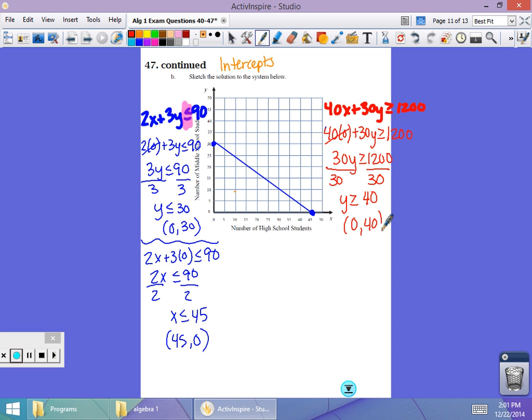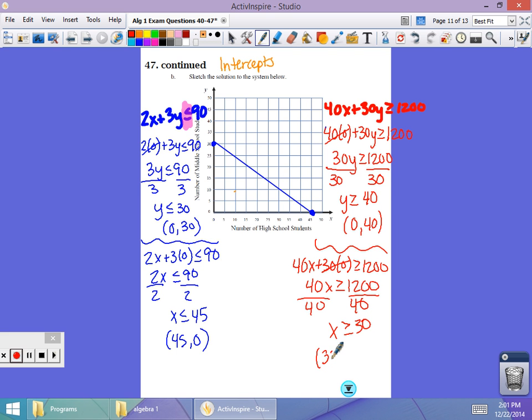So that first point would be 0, 40. Don't forget, because I plugged 0 in for x, that's my x value. Find the other intercept. 40x plus 30 times 0 greater than or equal to 1,200. 40x greater than or equal to 1,200. Divide by 40. We have x will be 30. There's our second point.